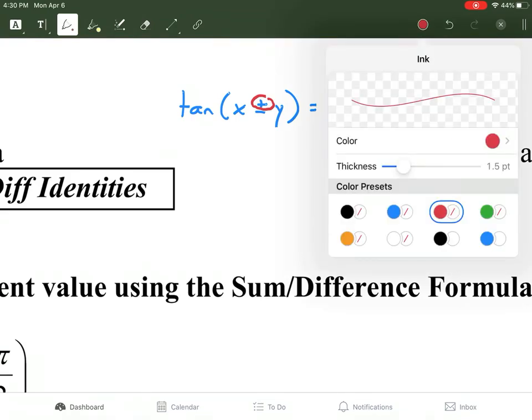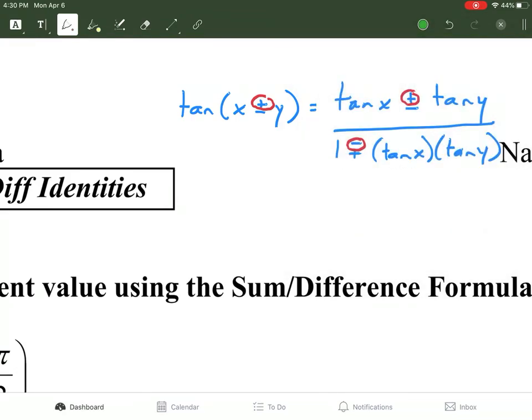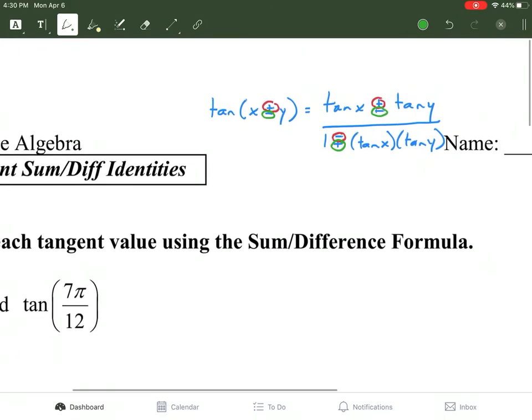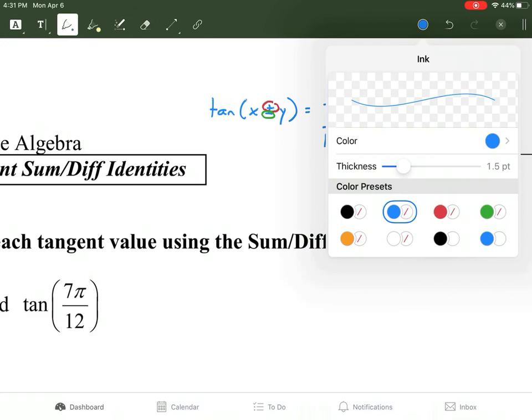If you're subtracting the 2 terms, you're going to use the bottom minus and then plus. Okay, so it's dependent on whether you add or subtract the tangent as to which sign you use. Otherwise, the formula is the same. It's just you've got different positive or negative signs inside of it. Okay, all right, with that being said, let's get started with the notes.